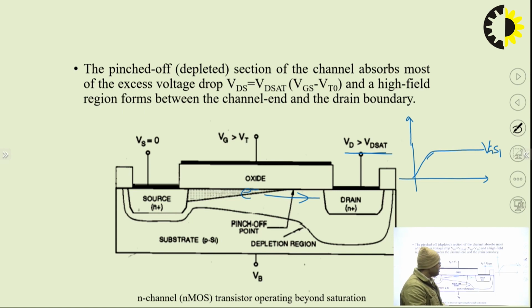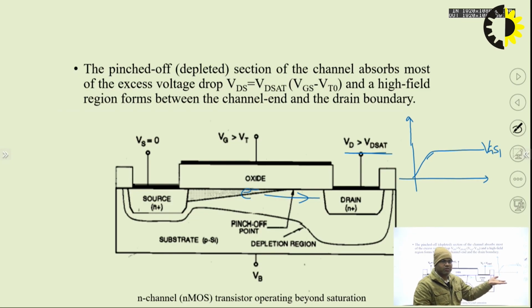What happens if we increase VD saturation further? It will have no effect on the conduction process, because the electrons have more and more kinetic energy and have crossed the drift velocity limit. In fact, saturation voltage is not a controlling parameter for these electrons. The only controlling parameter now is VGS.